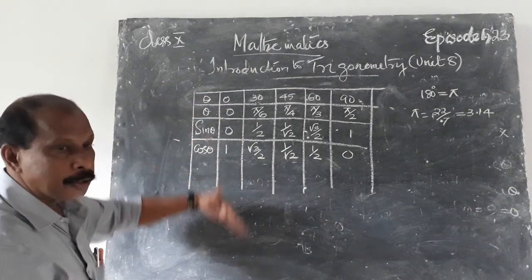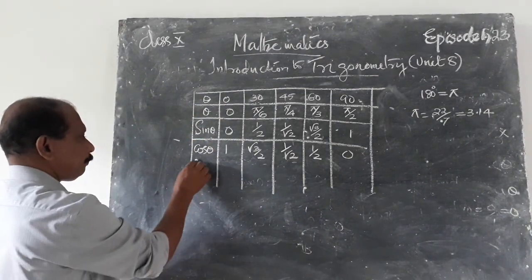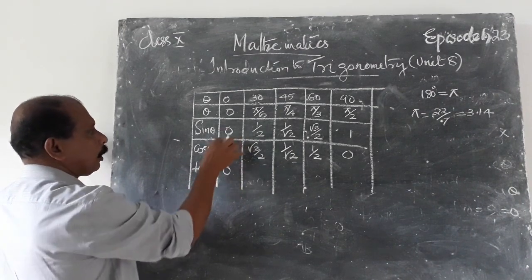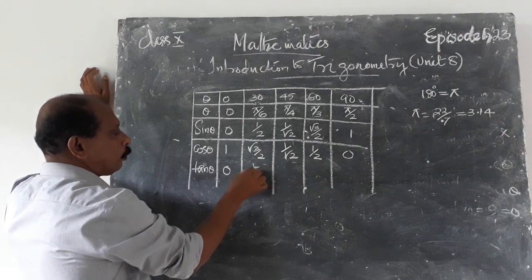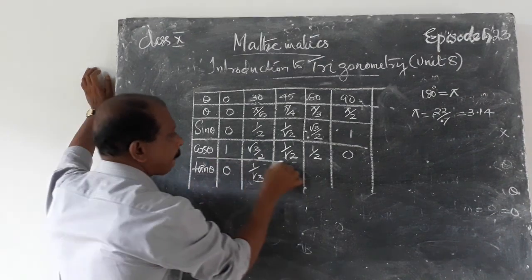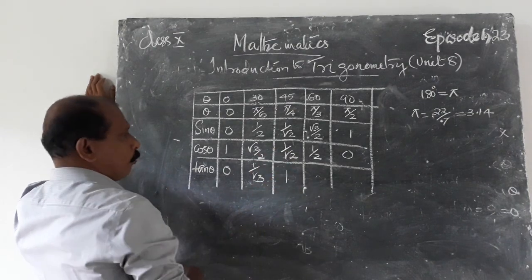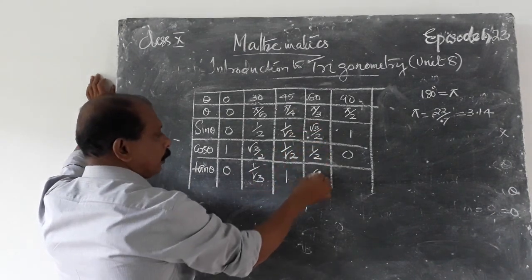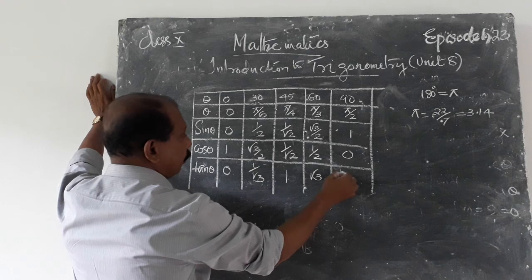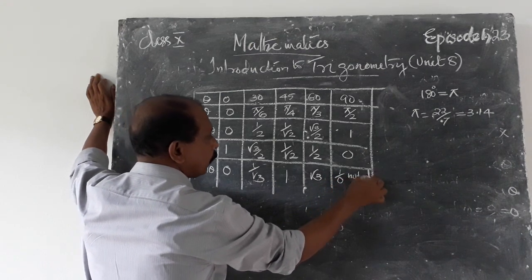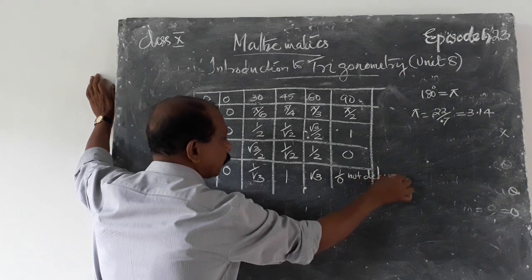Then the division between these two gives tan theta. Tan 0 is 0 by 1, which is 0. Then 1 by root 3, then 1, then root 3, and 1 by 0, which is not defined.